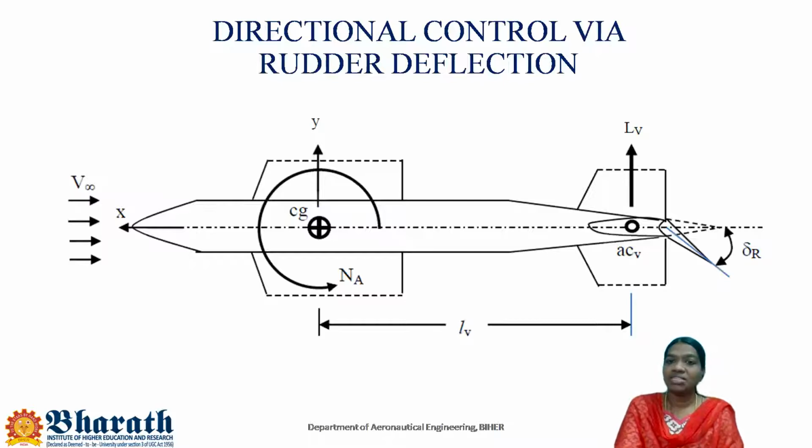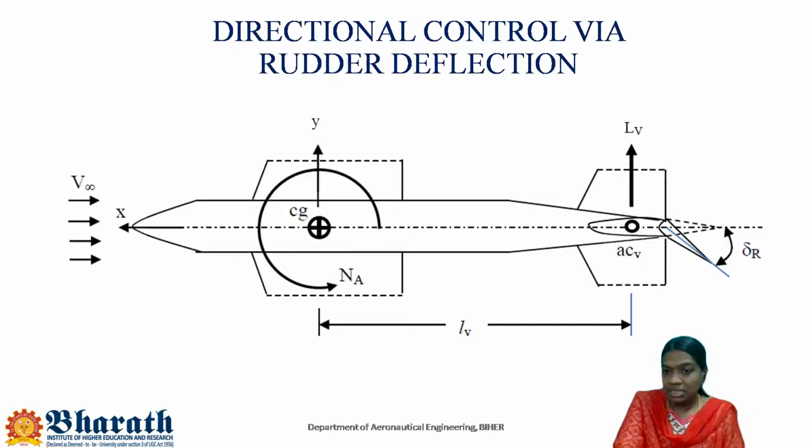So next one is the directional control via rudder deflection. In the previous slide, we have seen the pedal control. When the pilot presses the left pedal, the aircraft will yaw towards the left. When the pilot presses the right pedal, the aircraft will yaw towards the right. So how about the rudder deflection? This is the top view of the aircraft, and delta R is the deflection of the rudder.